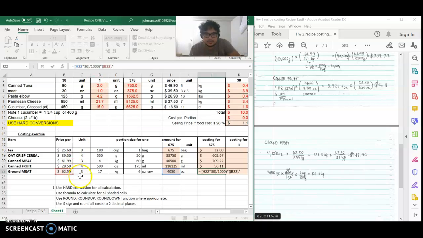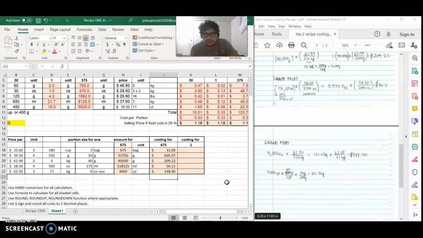Divided by $3 per 17 kilograms. So again, we're going to multiply this one. Open parenthesis, 3 multiplied by 17, close your parenthesis, and that will give us $148.90.